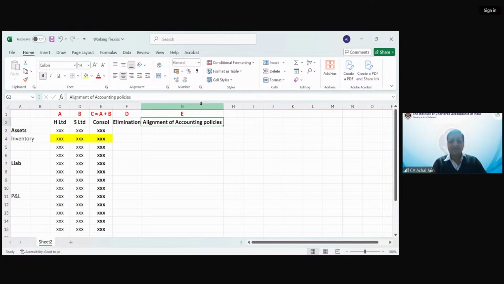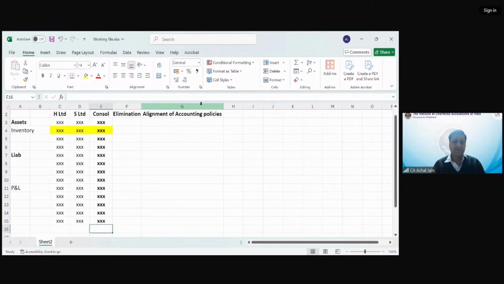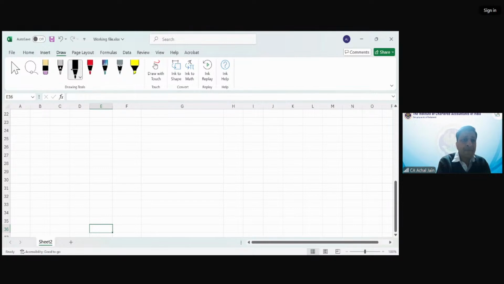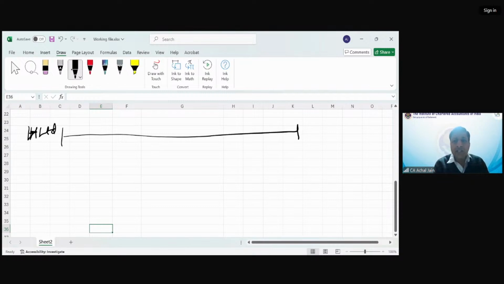Similarly, one more situation is possible. What is that? Let's try to understand that. It may happen that there are two companies, say H Limited, which has a financial year 1st April to 31st March.